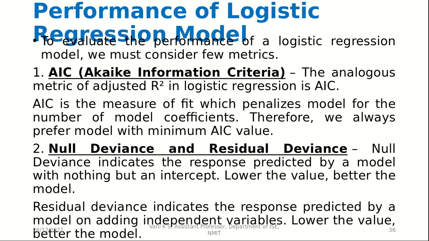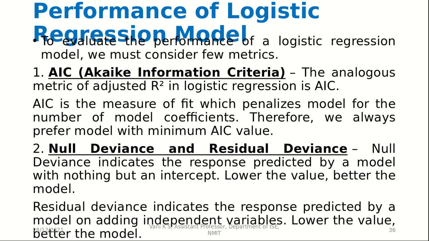AIC is the measure of fit which penalizes the model for the number of model coefficients. Therefore, we always prefer the model with minimum AIC value. So whatever number of coefficients are there, that much penalty the model has to pay if we are using the AIC measure.